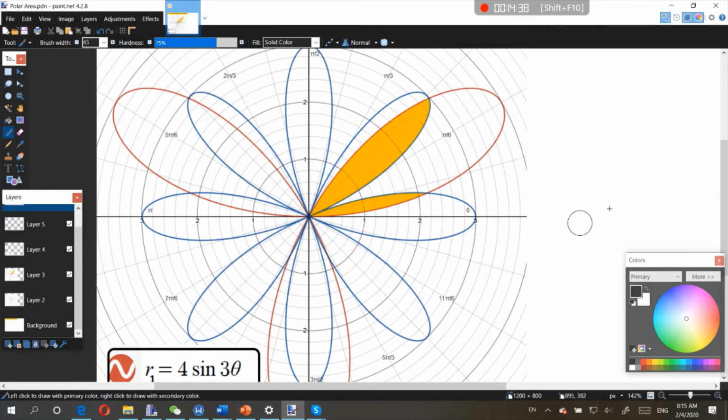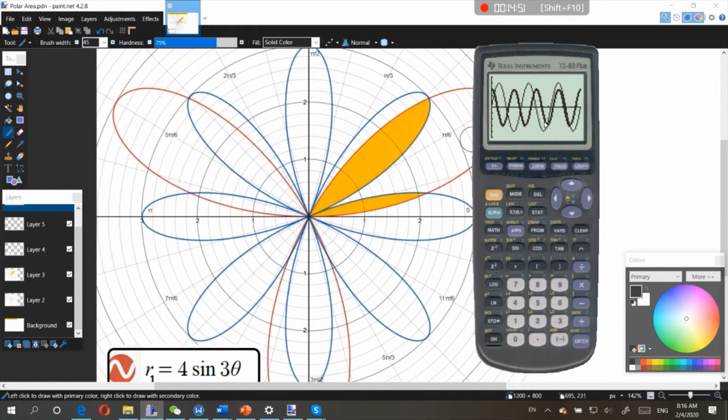And then around each of these petals. For my sine function, I'm doing something like this. And I'm actually tracing twice. Okay, so we can see that in our calculator. For that sine function, here's 1, 2, 3 petals, and then it repeats 1, 2, 3.